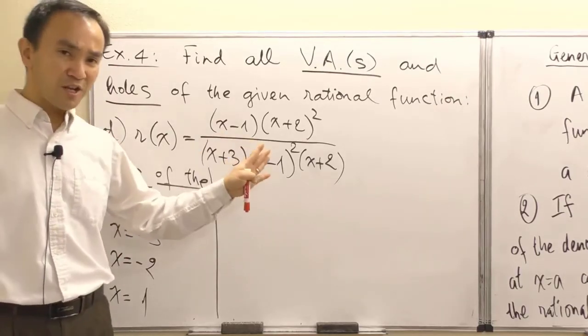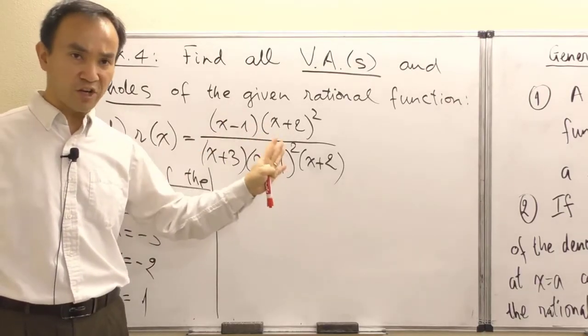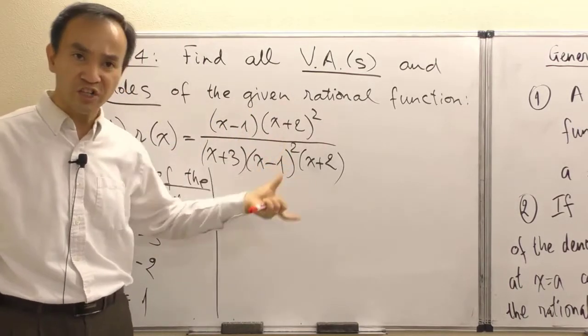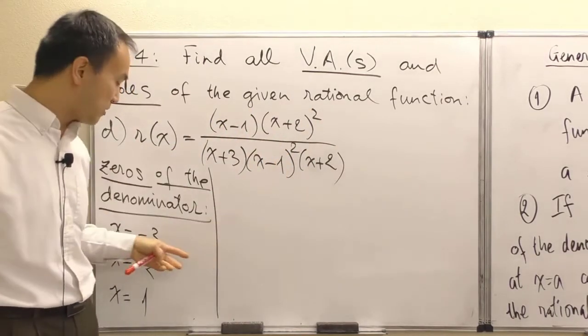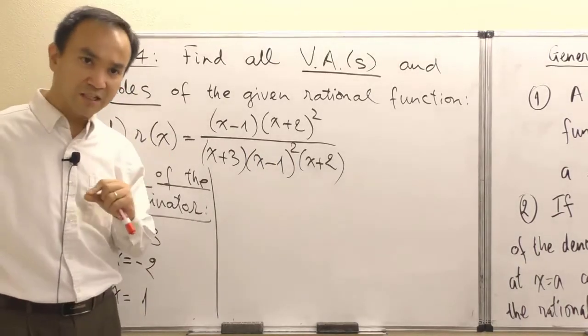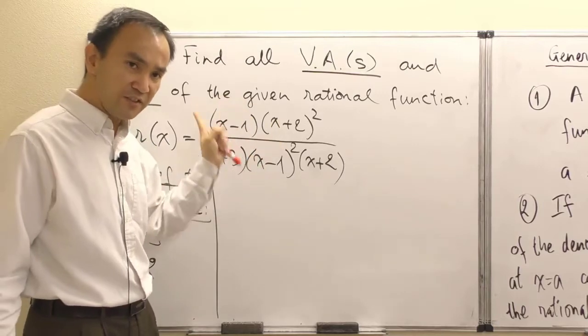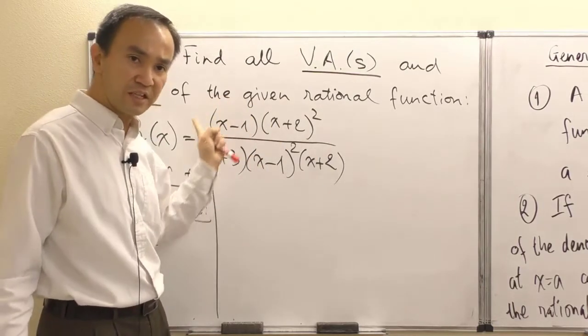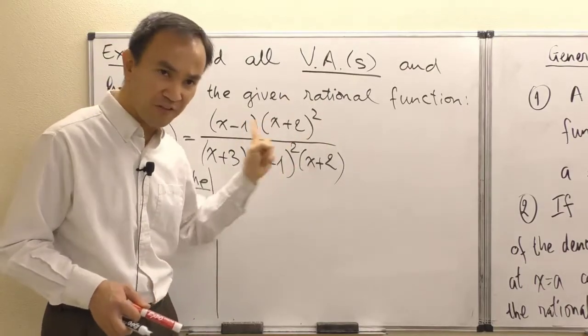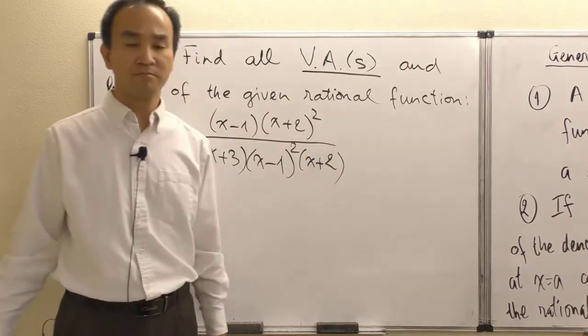At this point, you may notice I have not done any cancellation yet, because I want to show this is a thought process. We don't want to rashly cancel, and then in the end lose some zeros in the denominator. That's another logic right there. Right at the start, even though the function is already given so easy for us, some people may mistakenly cancel away some factor out of habit.